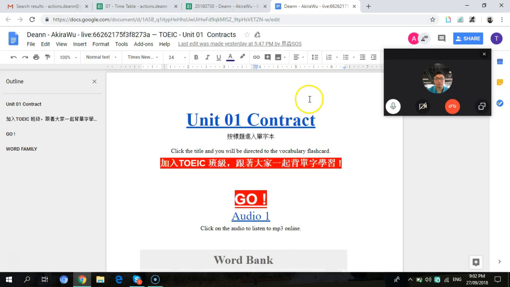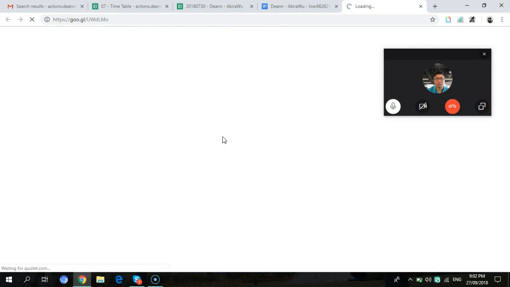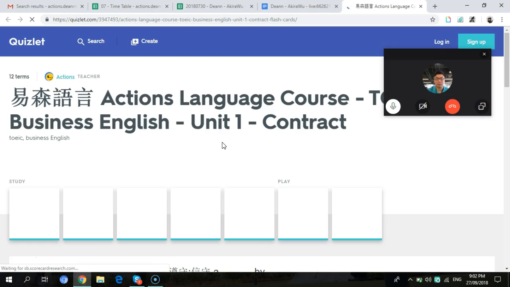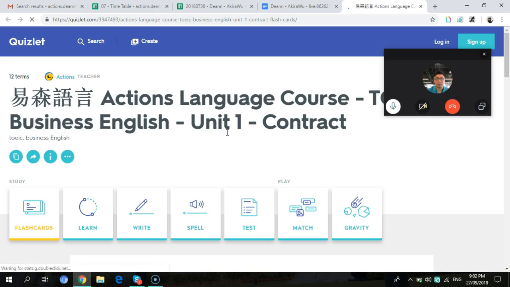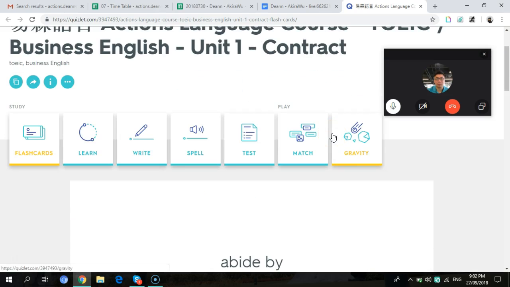Okay, if you can see, we have here Unit 1 contract. You can click that one. You will be directed to the flashcards of our Business English Unit 1 contract.